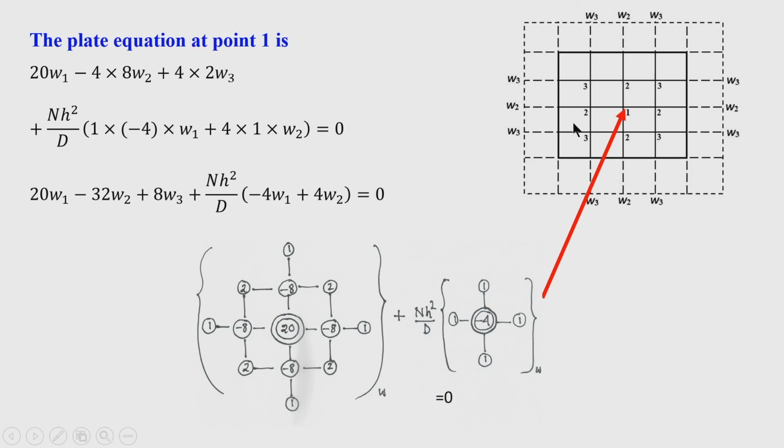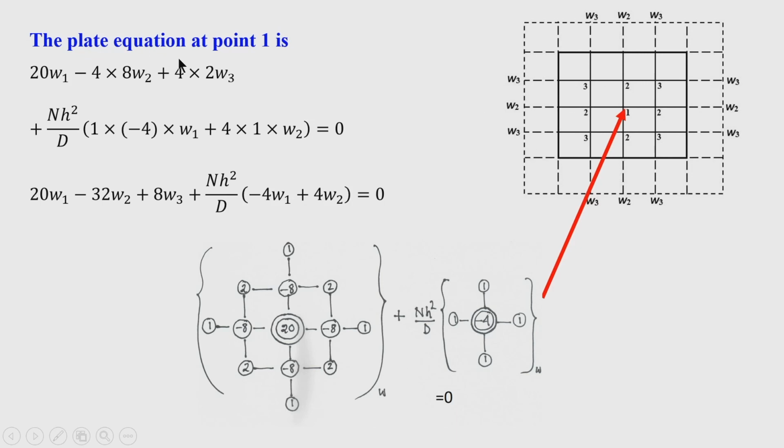Because of the fixed boundary condition, the deflection of the imaginary point here will be equal to the corresponding deflection of the image point. So, if this is the deflection of the image point W3, then this deflection will also be W3.